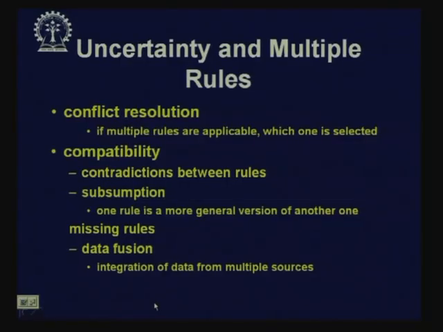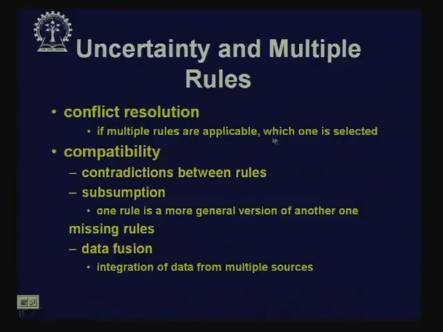In rule based systems, there can be another issue: uncertainty can come up when we have multiple paths and there are multiple rules to use. So, conflict resolution, you remember, means from the set of multiple rules we select one or two and apply them. Now, which one is selected? That may give rise to some sort of uncertainty.